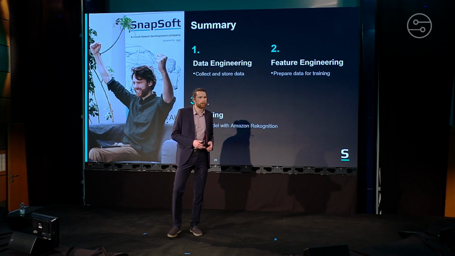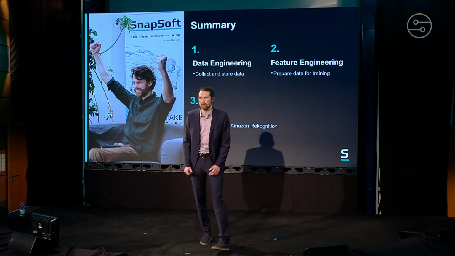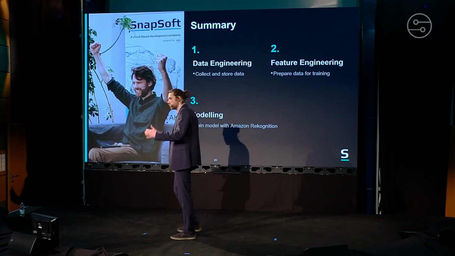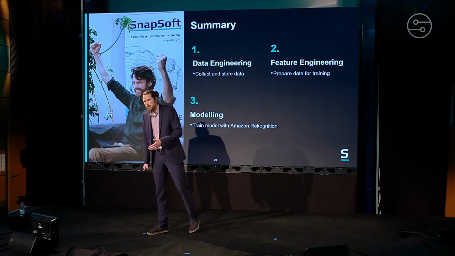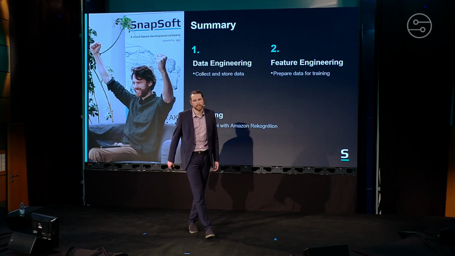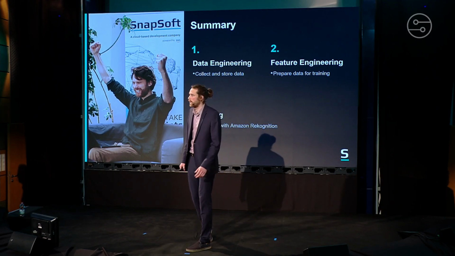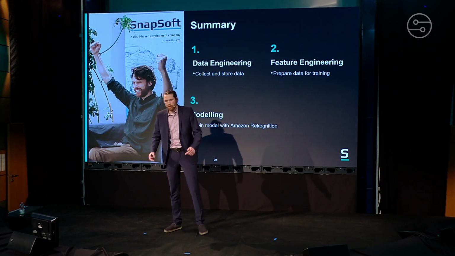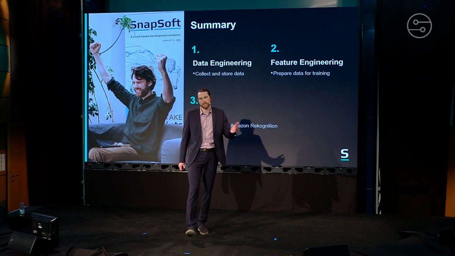We picked one of AWS's high-level machine learning services, Amazon Rekognition, to train our own machine learning model. Then we asked Amazon Rekognition to deploy this model to a production-like environment, so we could access it via the AWS CLI.